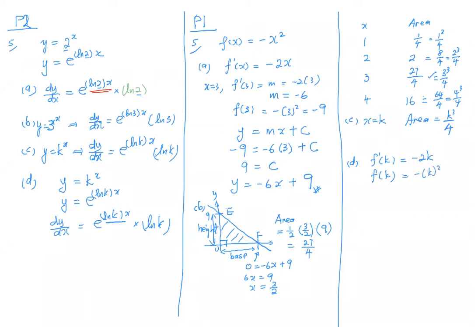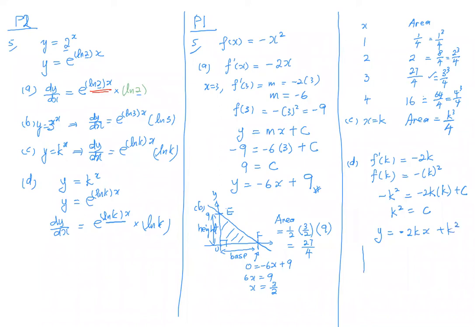Then I go into y equal to mx plus c. So I got the c as k squared. So my equation of tangent will be y equal to negative 2k x plus k squared.